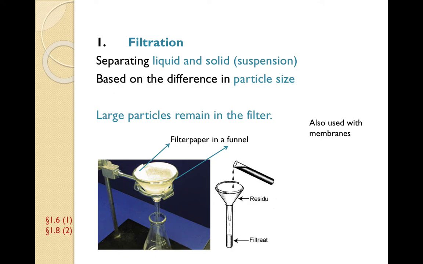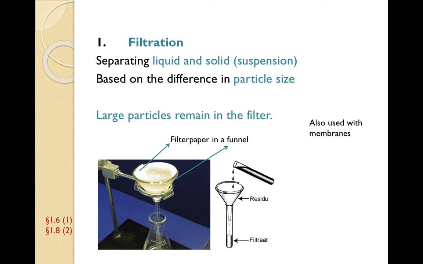So the mixture, the solution, the suspension will pass through the filter. The solid will stay behind, and we call that the residue. Anything that stays behind is the residue. And what goes through the filter is the filtrate. And be careful here, it's written in Dutch. In your book, you'll find it how it's written in English.